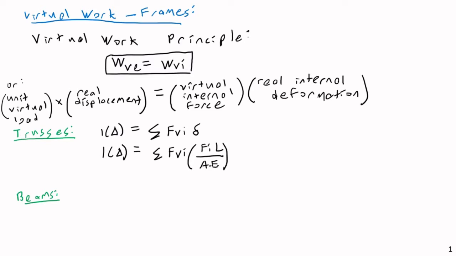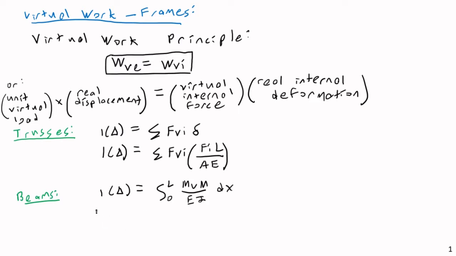Again, we have seen this before. This is just a bit of a review. And then for beams, there are two forms. 1 times delta is equal to the integral from 0 to L, along the length of the beam, of M V_M divided by EI, dx.